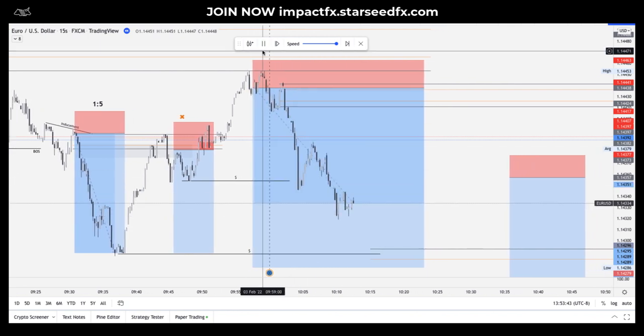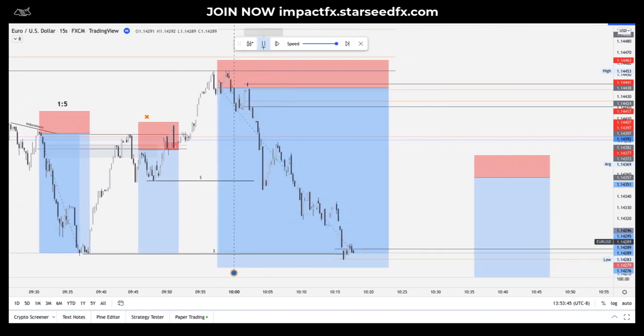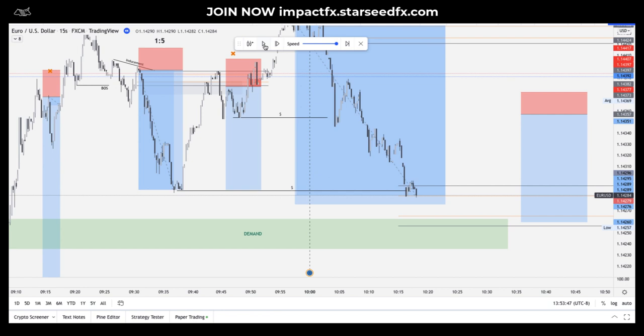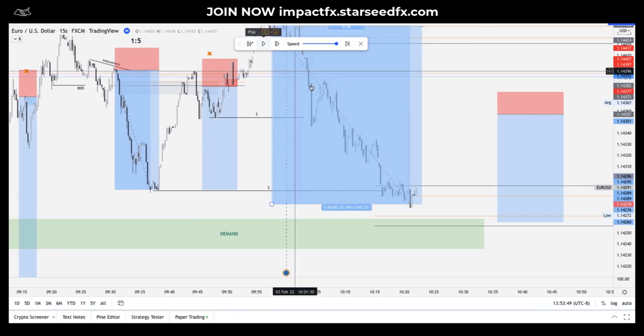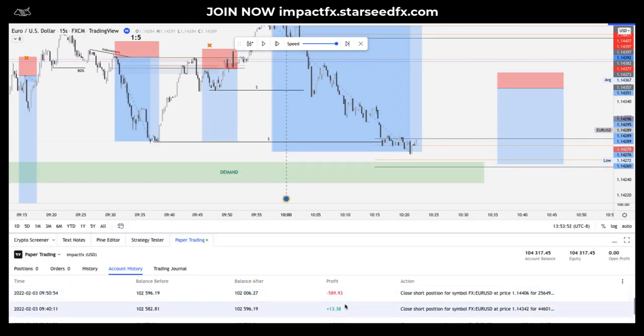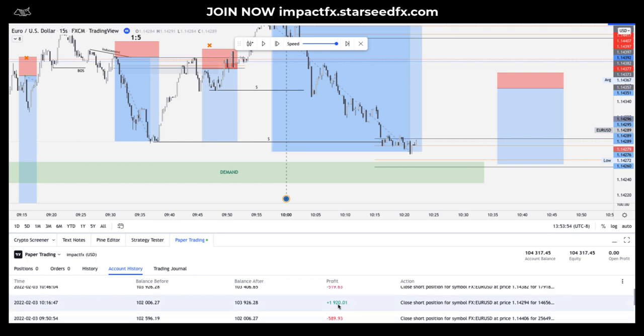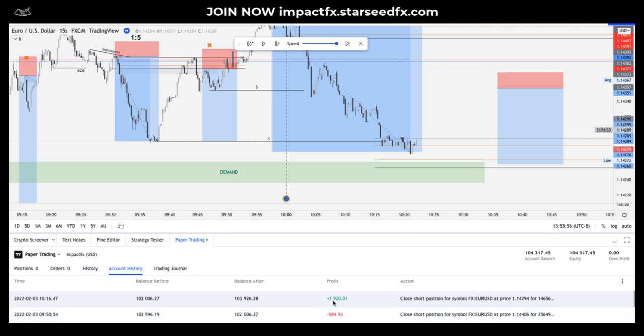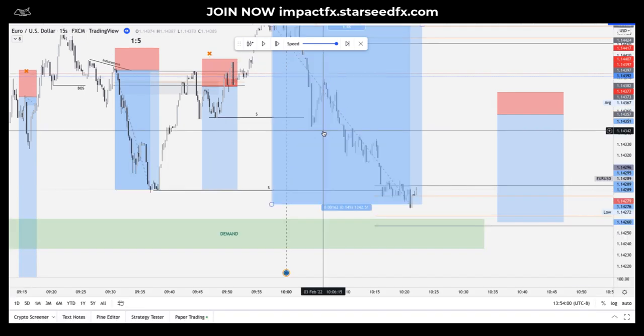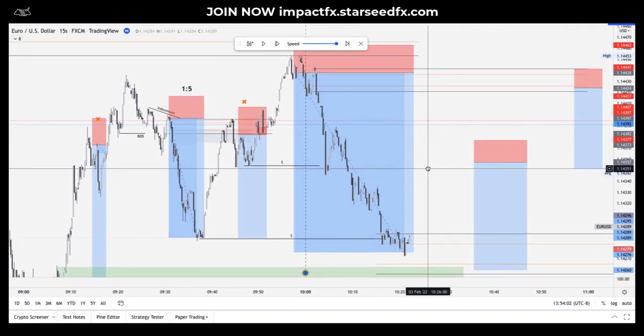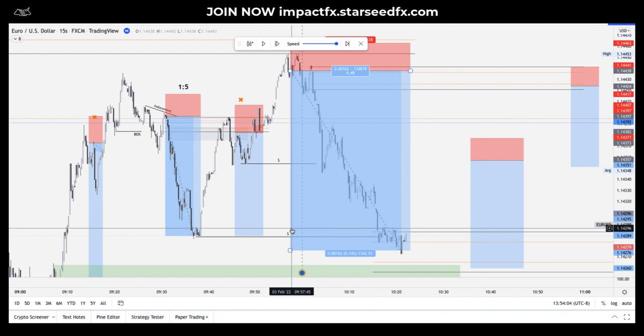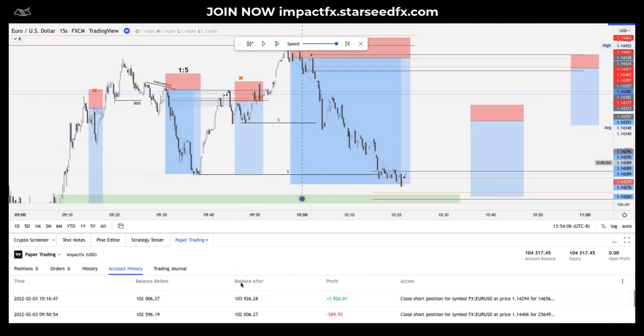So we partial, and then we come out here, and we hit TP. And that trade resulted in this gain here. So just under $2,000 due to partialing. So that was a really nice trade. And again, right, execution time, 9:57, and closing time.